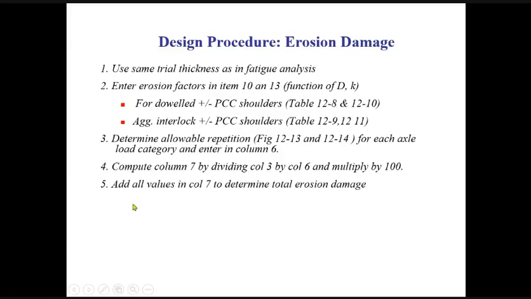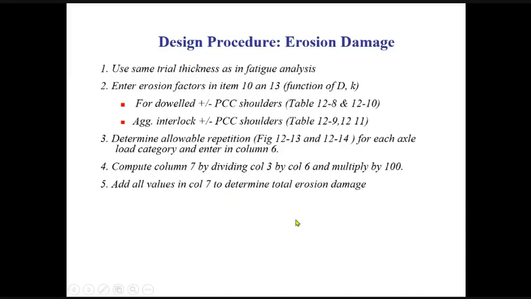So this is how you design. Same as before, use the trial thickness, enter erosion factors, determine allowable repetitions, compute by dividing column 7 by column 3 and multiplying by 100. Add all values in column 7 to determine the total erosion damage.